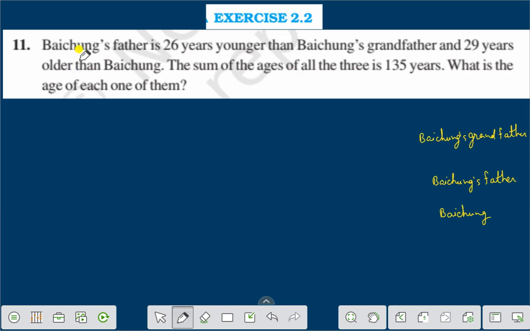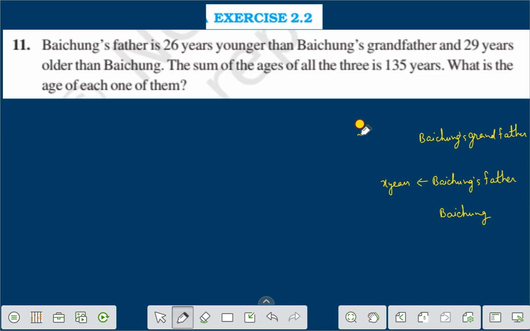What is the question? Baichung's father is 26 years younger than Baichung's grandfather. Suppose Baichung's father's age is X years. What is given? That Baichung's father is 26 years younger than Baichung's grandfather. That means Baichung's grandfather is X plus 26 years.